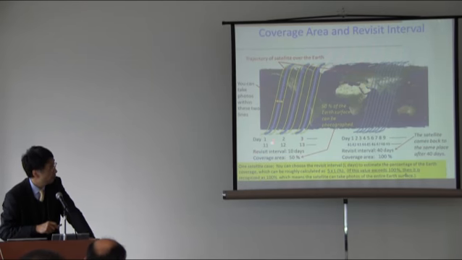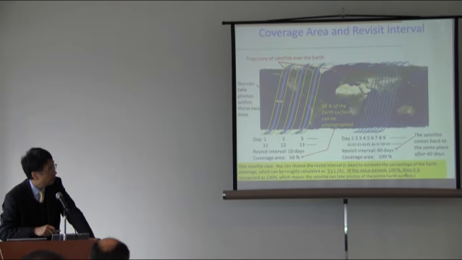For example, if you put 10 days as a revisit interval, the first day it goes over this, then it moves, and the second day it goes over this. So a certain area around it can be photographed by this satellite for the remote sensing mission. The coverage area is assumed to be calculated as 5 times L, where L means the revisit interval.